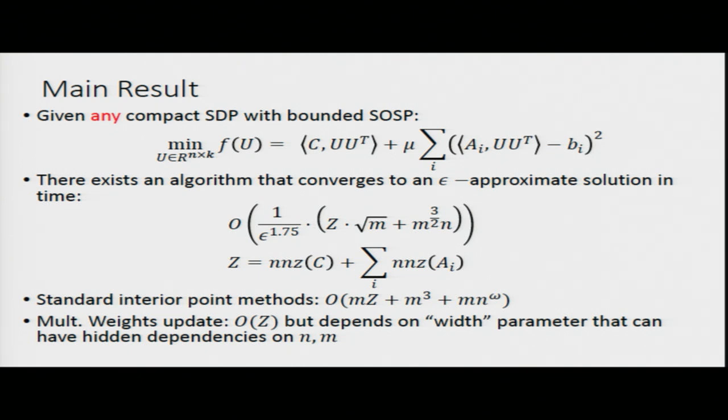And another method which is completely at the opposite end is multiplicative weights update, which takes almost optimal per iteration complexity. But the number of iterations for this method can be very large, especially as it depends on a width parameter, which can have some hidden dependence on the number of constraints as well as the dimensionality of the problem. Okay.